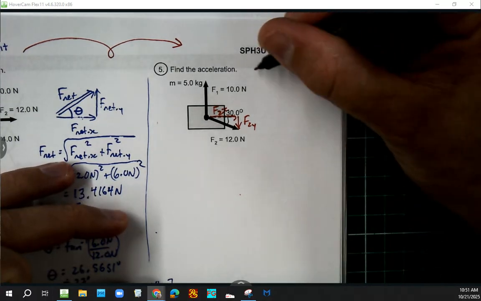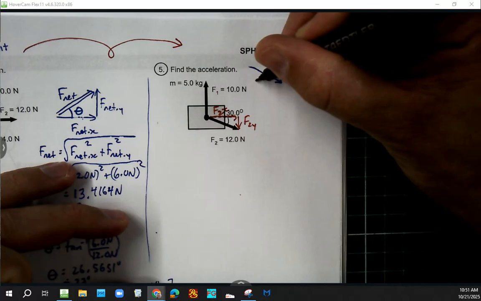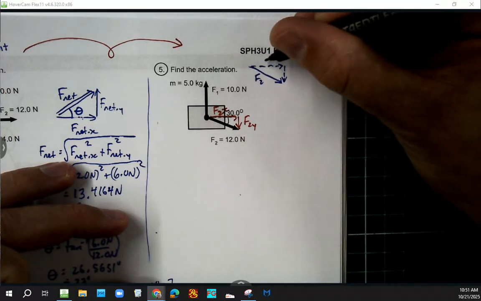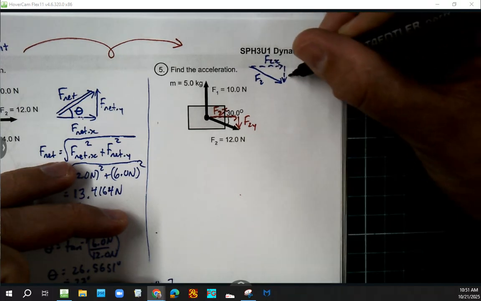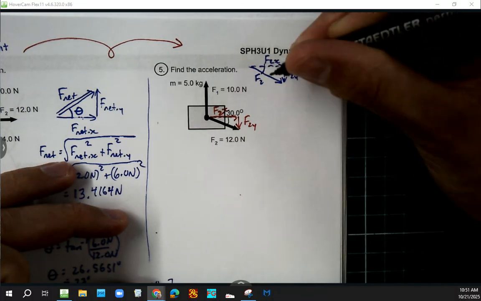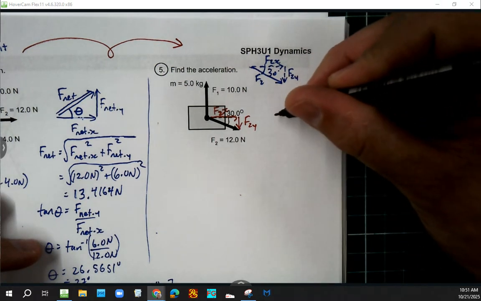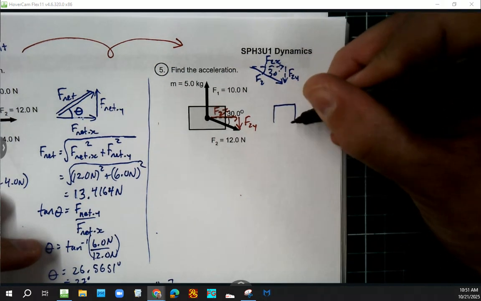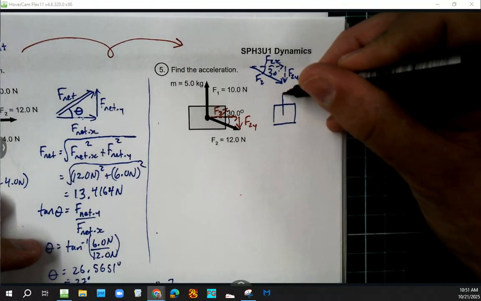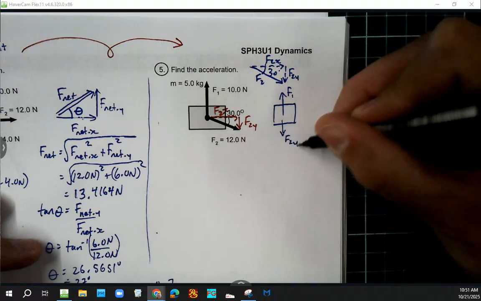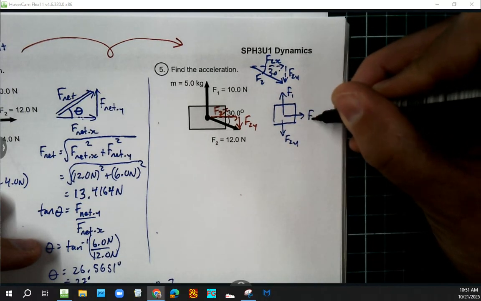But essentially, we want to take that F2 and break it down into an X component, F2X, and a Y component, F2Y. And we know theta is 30 degrees.